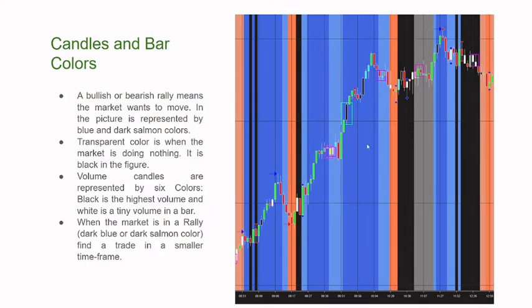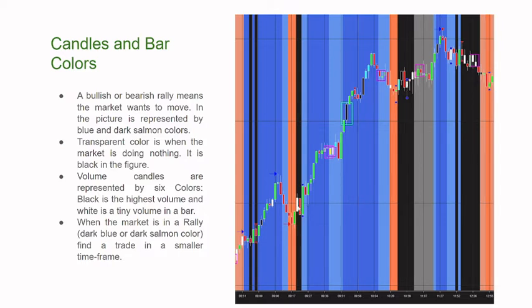I have 6 different kinds of volume bars. Black and blue, like this one. A light blue means the volume is a little bit high, even though here. And I also have 3 different very, very light volume bars: a white, pink, and yellow bar.